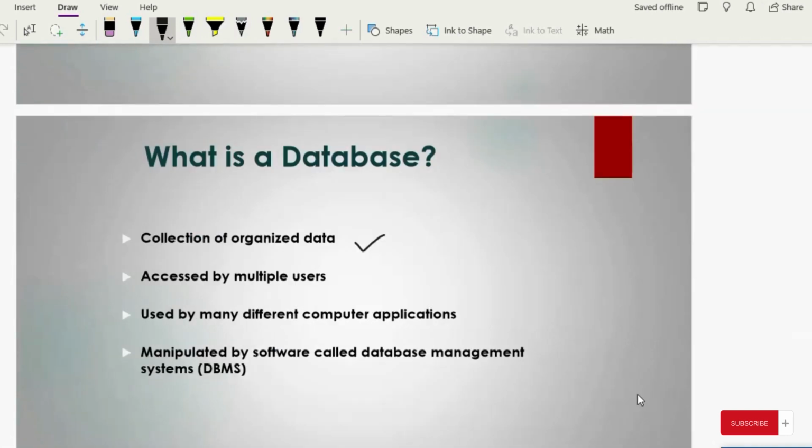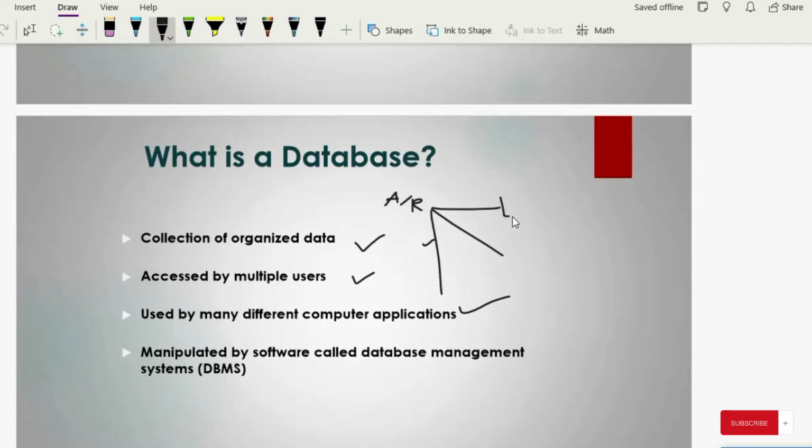What is a database? A database is basically a collection of organized data, and this data is accessed by multiple, different users in the organization. They are accessing this database, and it is used by many different computer applications. So if you store the data, let's suppose about accounts receivable, in the system, it is used by many users in different departments.